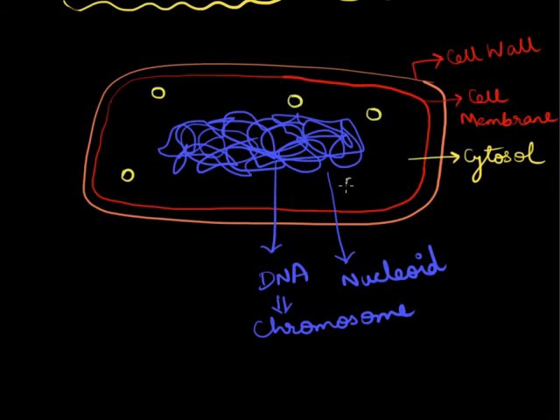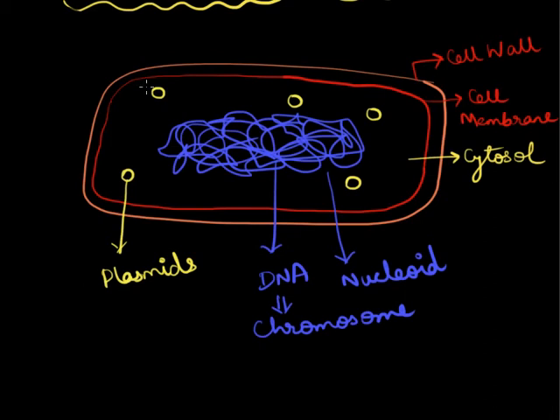Now these can be numerous or none or quite a few, so we just show a random representation of these plasmids. So let us label these as plasmids. These basically confer some special characteristics to the cell, such as antibiotic resistance or the presence of pili, which we will see in just a few minutes.